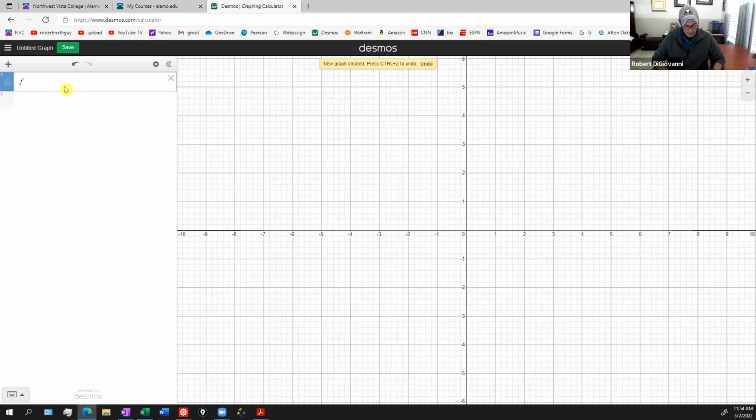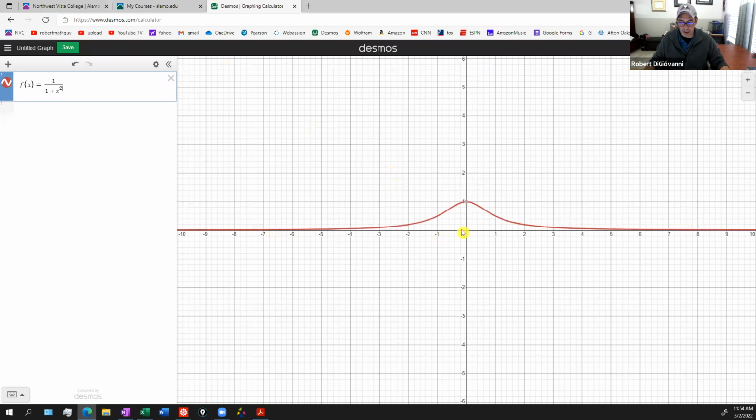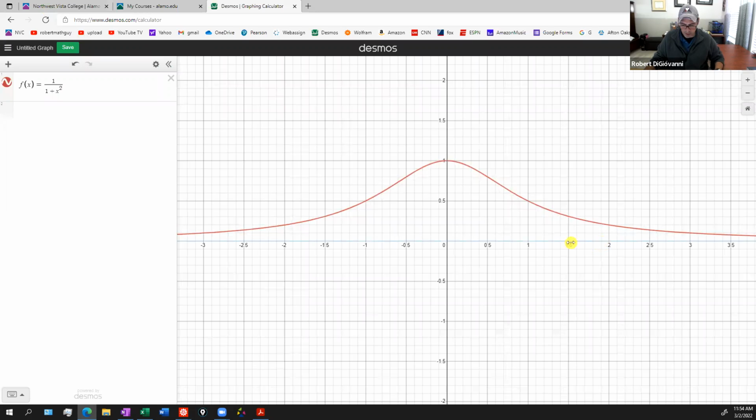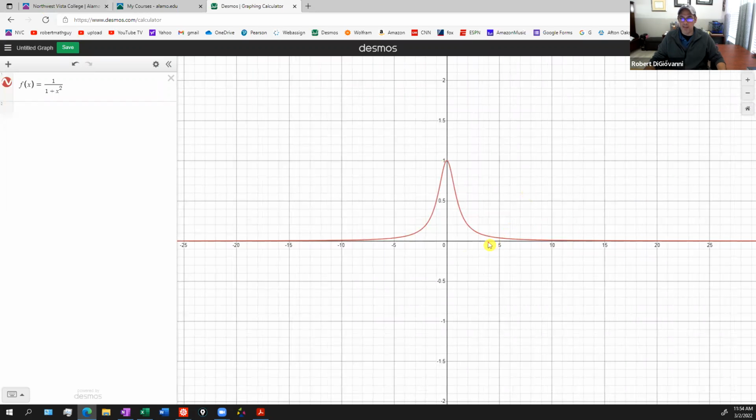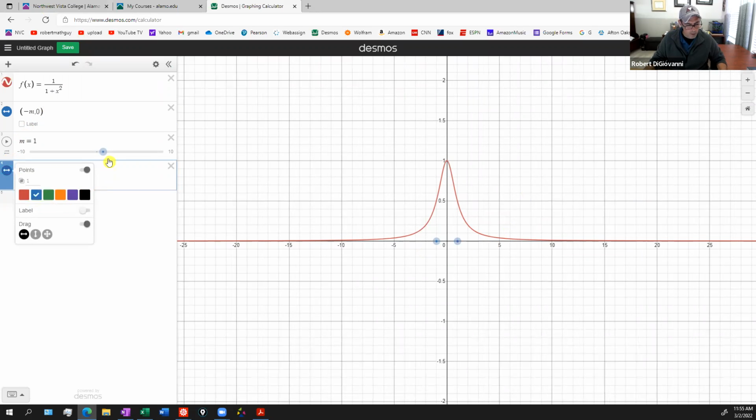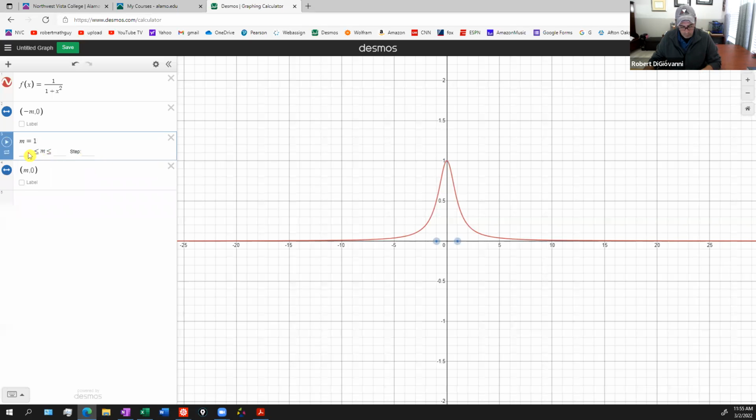So we were graphing the function f of x equals 1 over 1 plus x squared. There's the graph, okay? That is the graph of this function. I'm going to shrink down this axis. That's what it looks like. And what we were doing is we were basically going in both directions forever, right?